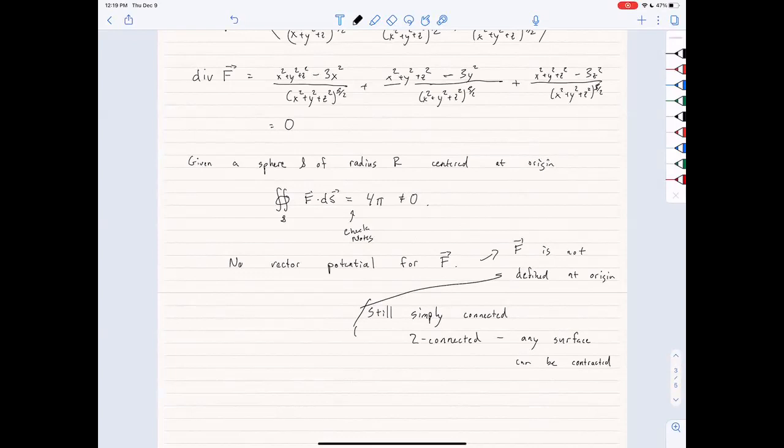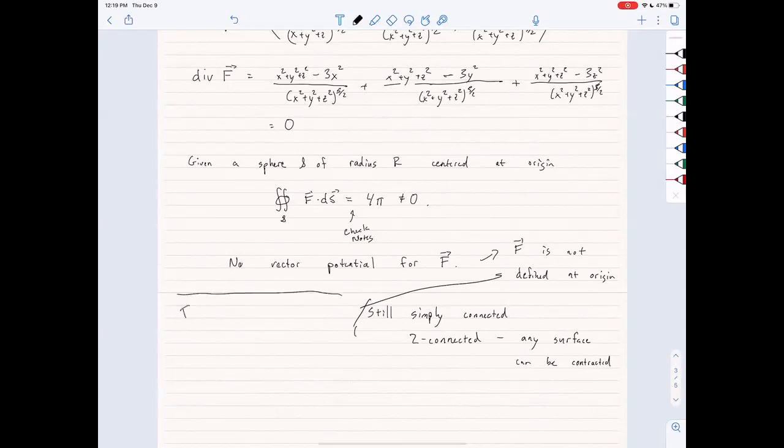There's a legitimate, rigorous mathematical way of saying that you cannot do that. But if you can always collapse a surface, then indeed this test will tell you that you do have a vector potential.